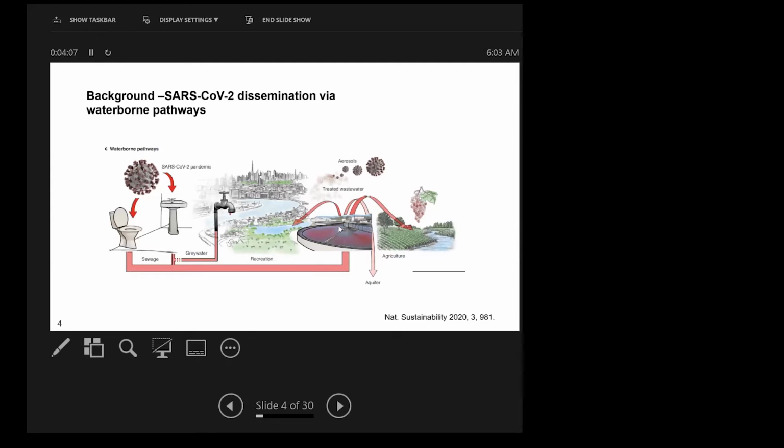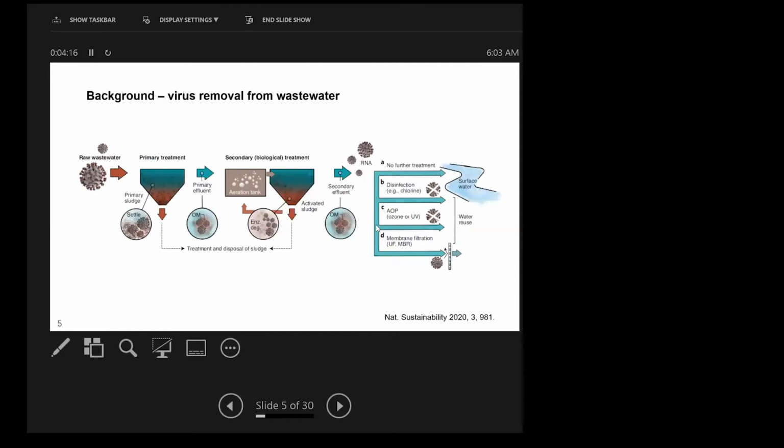So it is critical to evaluate the potential of wastewater as a transmission pathway of SARS-CoV-2. To minimize the risk of this secondary transmission to humans by wastewater, it is urgent to develop wastewater treatment strategies for effective removal of SARS-CoV-2.